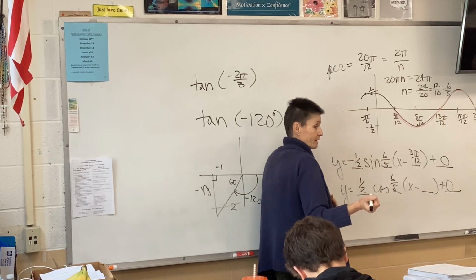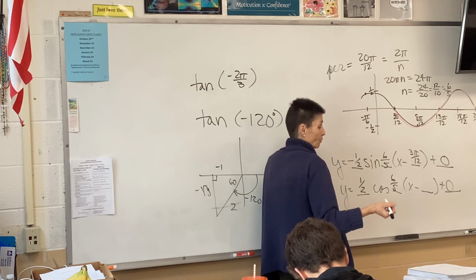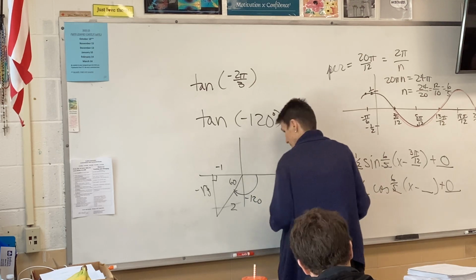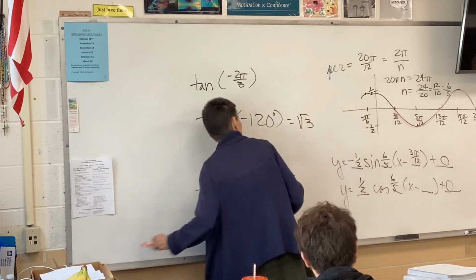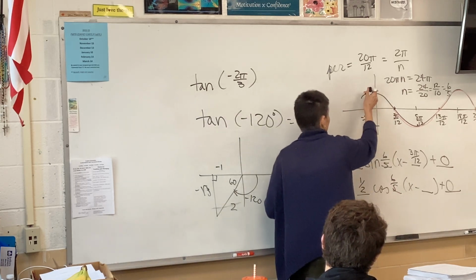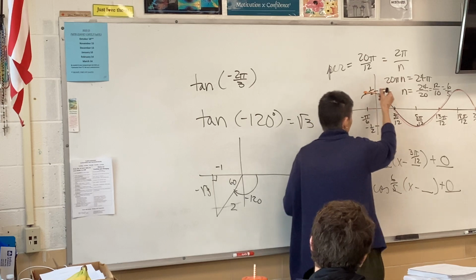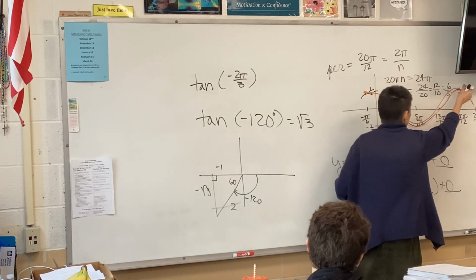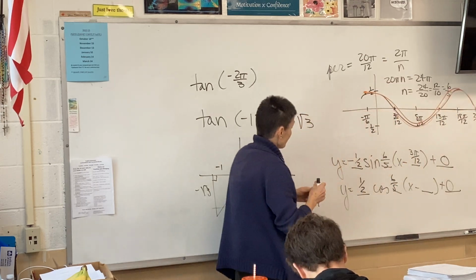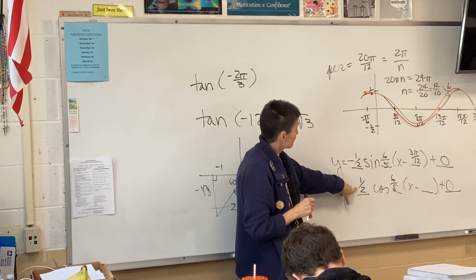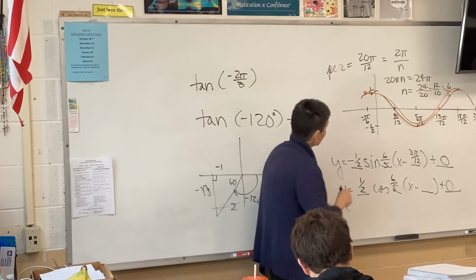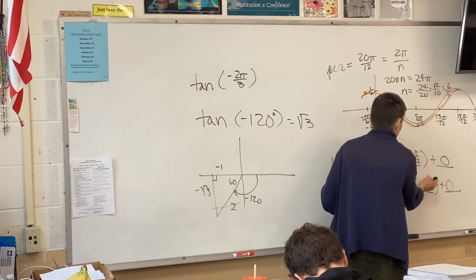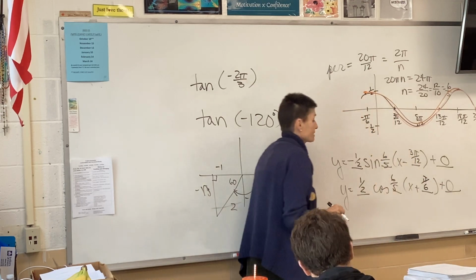Now, when you're looking at this as a cosine, where are you starting your looking? Right here? I would start right there and look at this piece right here. Now that's a positive cosine, and the phase shift is negative pi over 6.